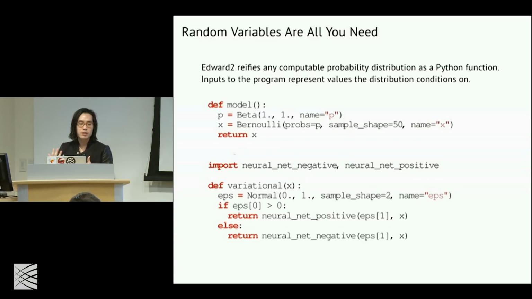Typically, these functions would take in inputs, which are certain things it conditions on. Say in linear regression, it would take features as input, and then the return values would be the outcomes. And that would usually represent the generative process of, given features, what is the distribution of y given x?